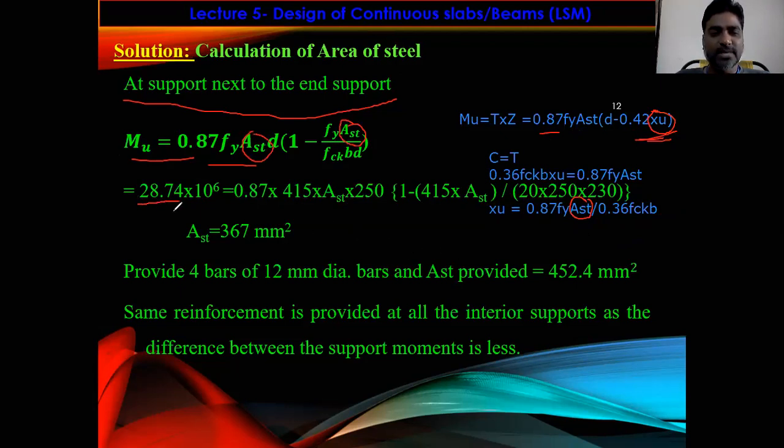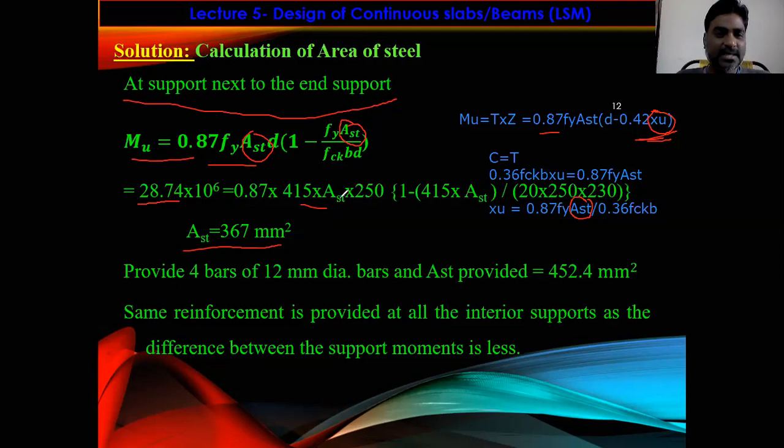So that is 28.74 into 10 power 6 equal to 0.87 into 415 into AST into 250 into 1 minus 415 AST by 20 into 250 into 230. If you solve this equation, I got AST equal to 367 mm square.